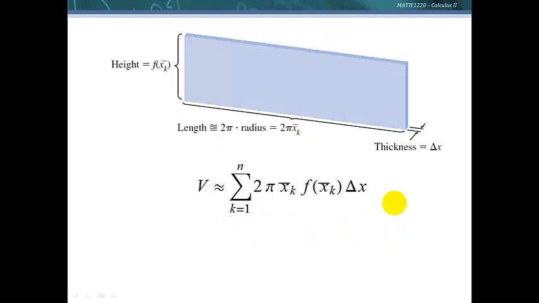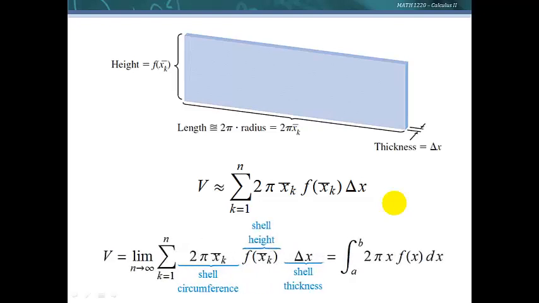So we have our 2 pi r, which is 2 pi x bar sub k, that's our circumference or our length, multiplied by the height, f of x bar sub k, multiplied by the width, in this case our little thickness delta x. I'm sure you can see where we're going with this. We're going to take the limit as the number of these cylindrical shells, the little rectangles that get rotated around to form the cylindrical shells, goes to infinity.